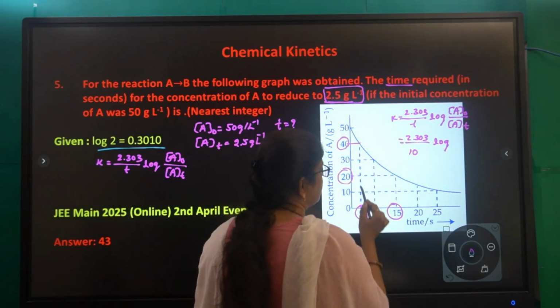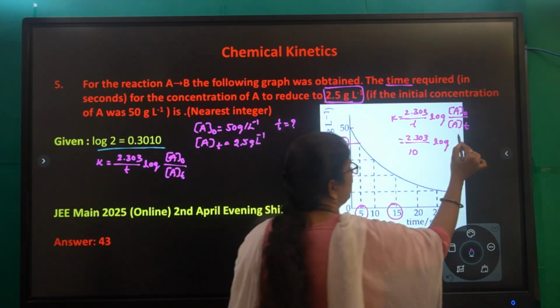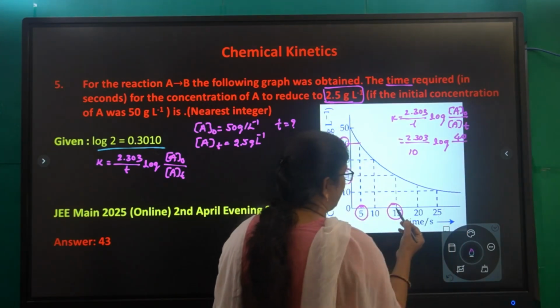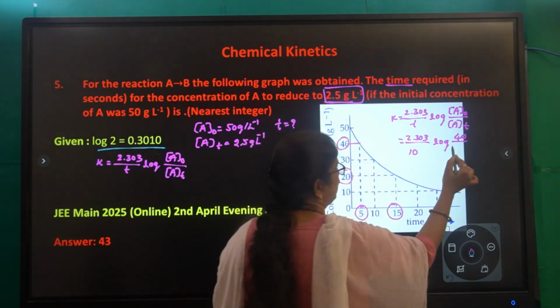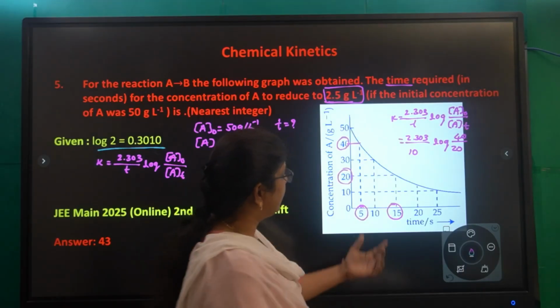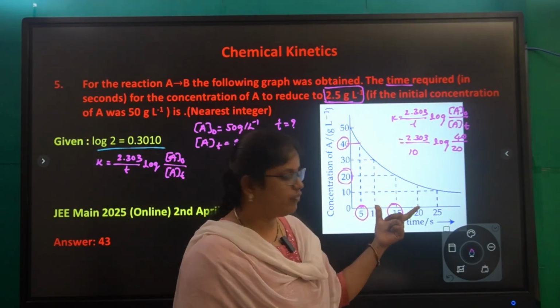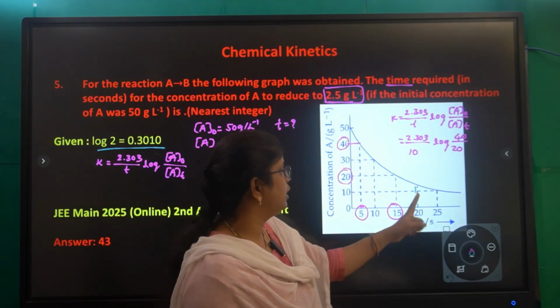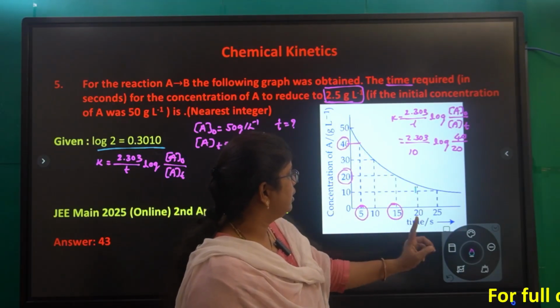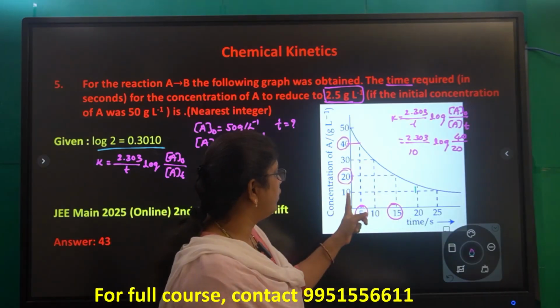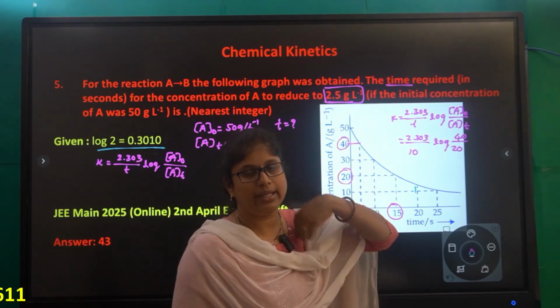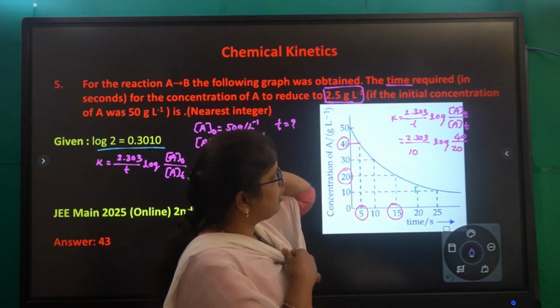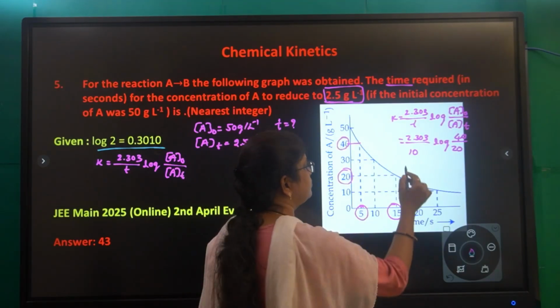That means at 5 seconds the concentration is how much? 40. And at 15 the concentration is how much? 20. If you want you can take 10 and 20 also. Okay, the difference 10 and 20. At 10 the concentration is 30, at 25 the concentration is 10. You can take those values also. Okay. So now 40 by 20.